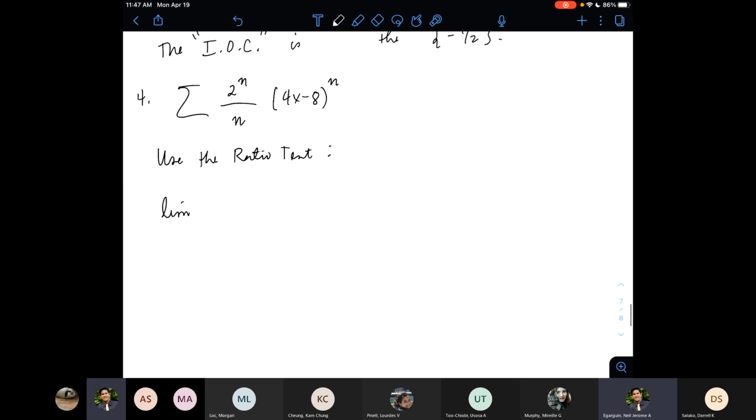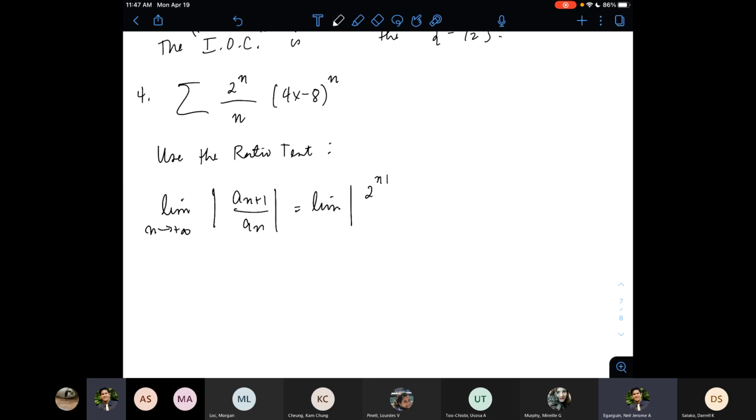So let's take the limit of the absolute value of an plus 1 over an as n approaches infinity. For the first factor, I'll just replace all n's by n plus 1, times the reciprocal of an. Basically, this would be n over 2 to the power n times 4x minus 8 to the power n.